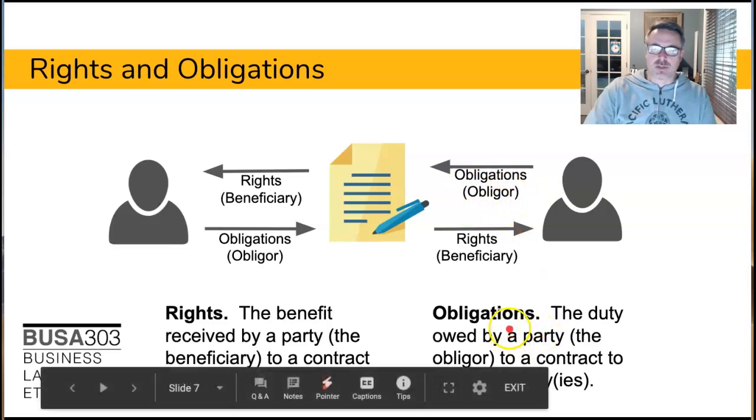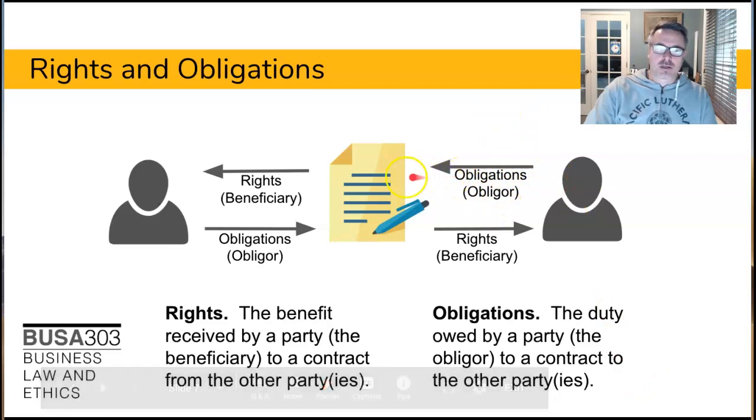So you'll see here an obligation is a duty owed by one party to a contract, which is the obligor, to the other party, which is the beneficiary. This obligation goes to this side, and this party now has the right, which is the other side of this obligation.